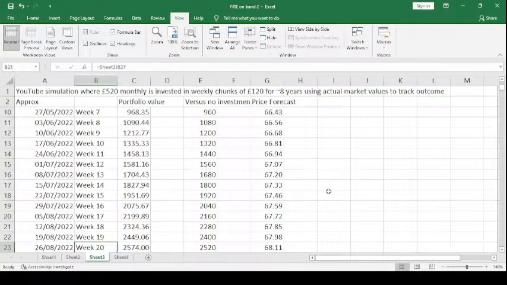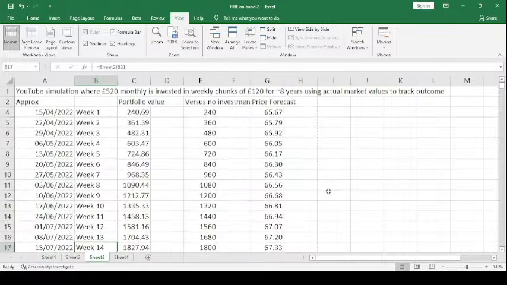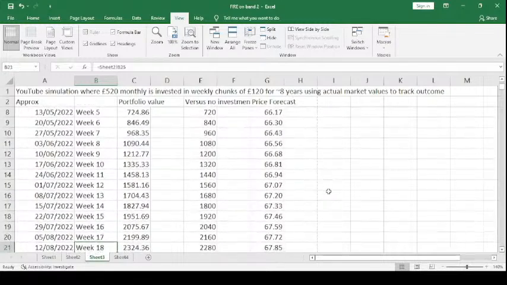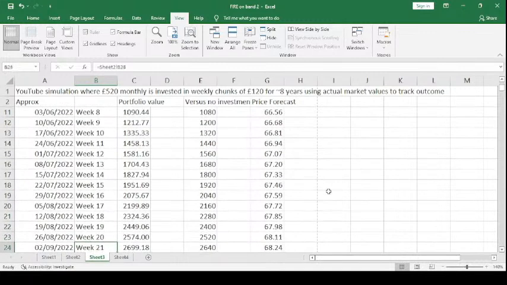I hadn't called the first week 1 previously, so I've actually had to go back and fix that. So I've actually got a week 0, if you like. The initial investment should have been week 1, but just to stick with the naming that I had used before, I've decided just to add in a week 0.